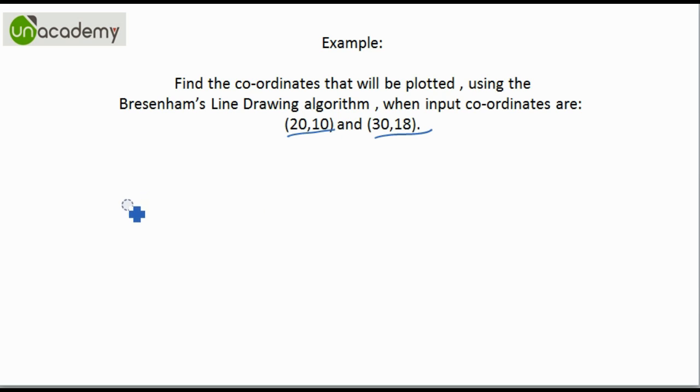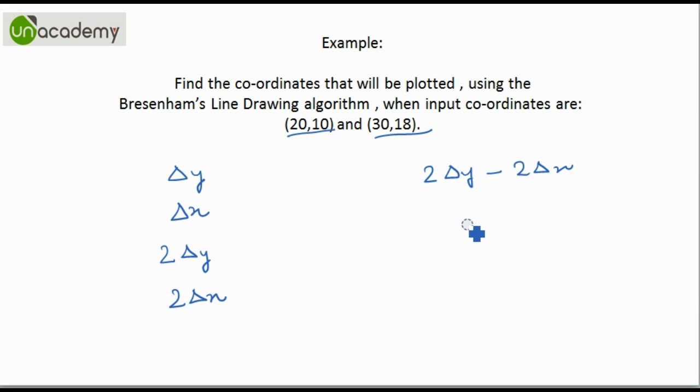The few things that we need to calculate beforehand to make the calculations easier are delta y, delta x, 2 times delta y, 2 times delta x, 2 times delta y minus 2 times delta x, and 2 times delta y minus delta x, which will also be the P naught value, the initial decision parameter.